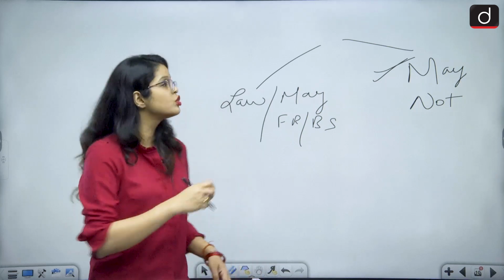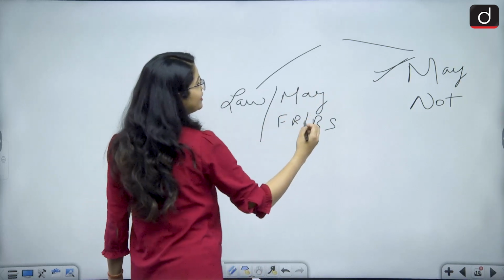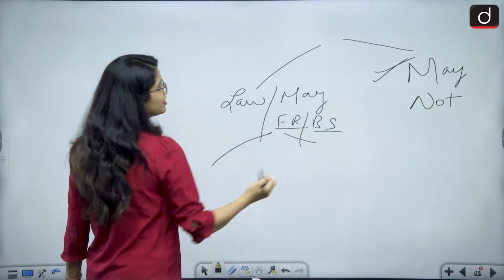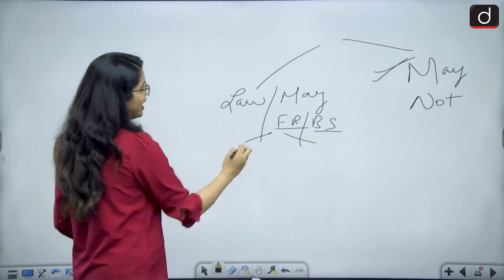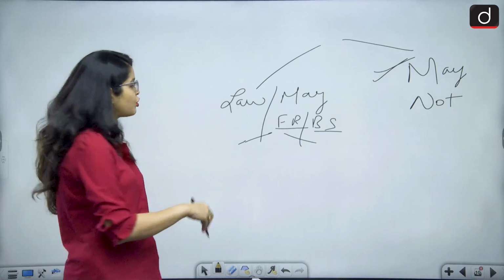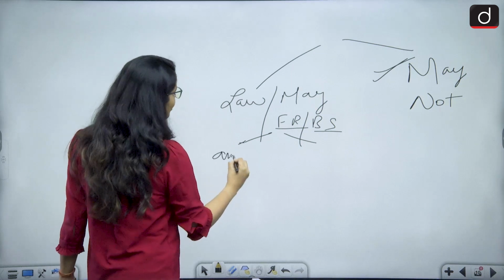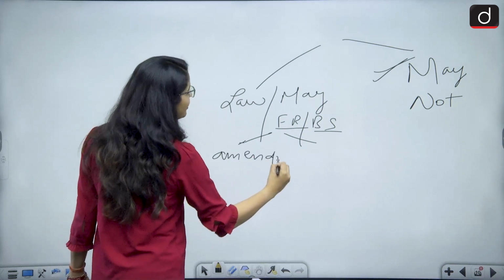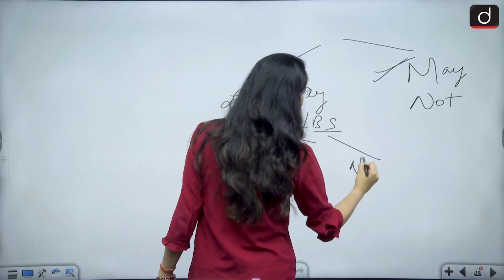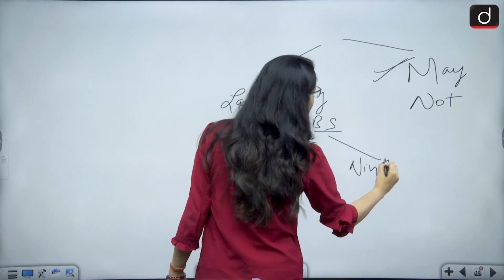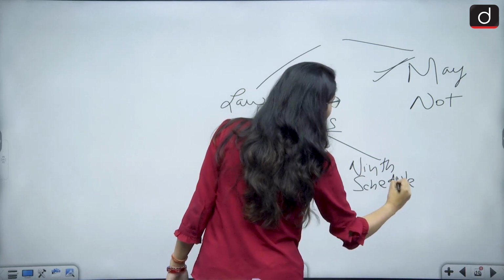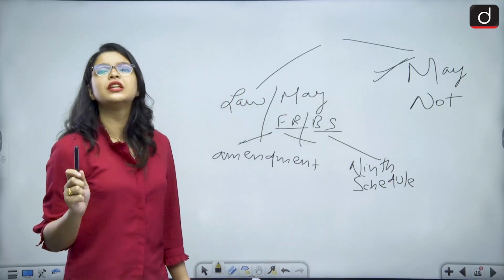But what about those laws that may violate fundamental rights or the basic structure doctrine? The Supreme Court says in this case that those laws which violate fundamental rights or the basic structure of our Indian Constitution, even if you insert them by way of a constitutional amendment, and even if you insert them by utilizing your power under the 9th Schedule, they can be judicially reviewed.